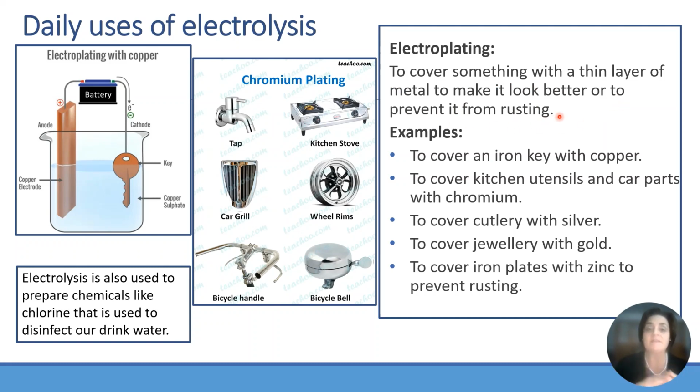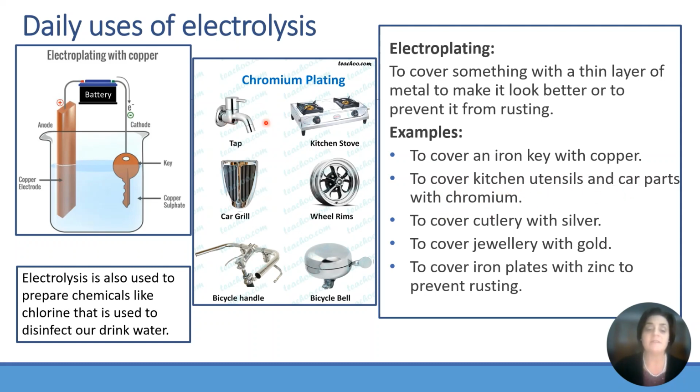You cover any object with a thin layer of metal to either make it look better or to prevent it from rusting. So there are a few examples. To cover an iron key with copper, that is the example I used here in the diagram. And then you can also cover kitchen utensils and car parts with chromium.